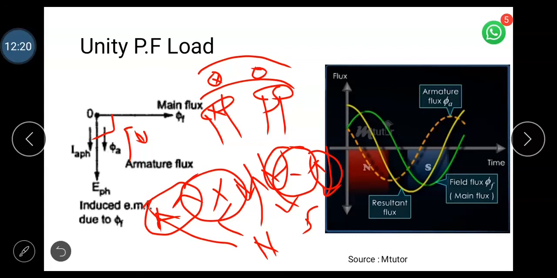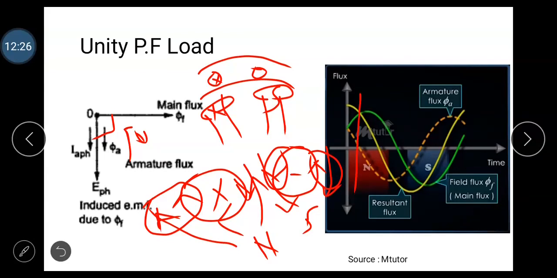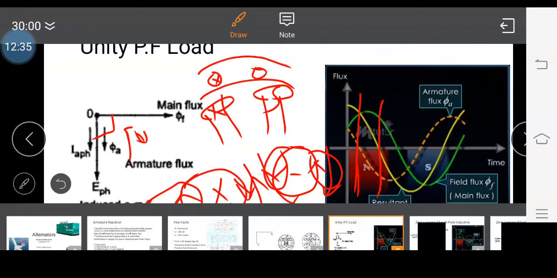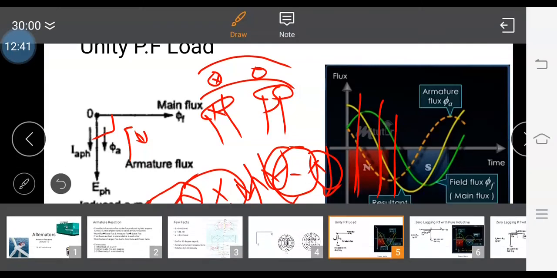If you notice, up to this point it is opposing, and from here to this, both are aiding.